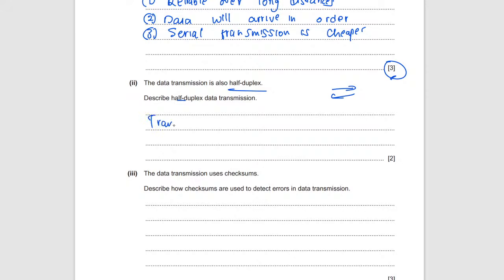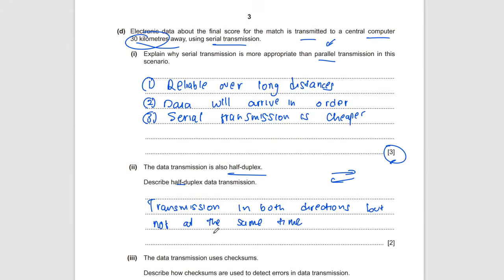This is basically transmission in both directions, but, you have to write this, not at the same time, because if it's at the same time, then that is not half duplex, that is full duplex. So you have to mention this. So yeah, that is that.